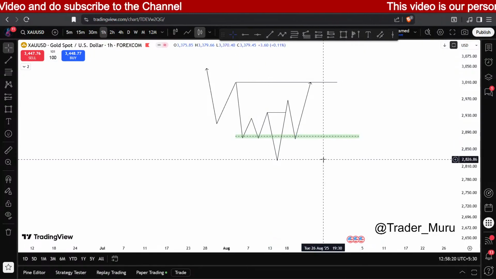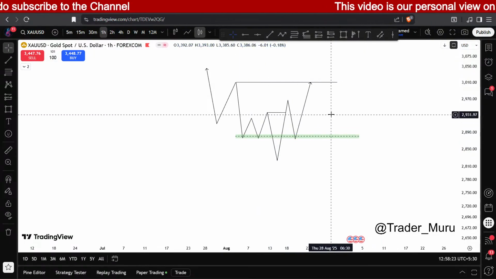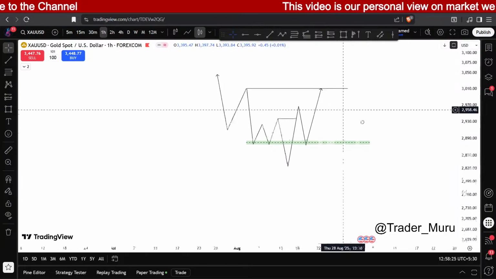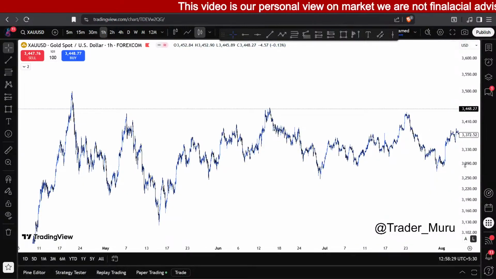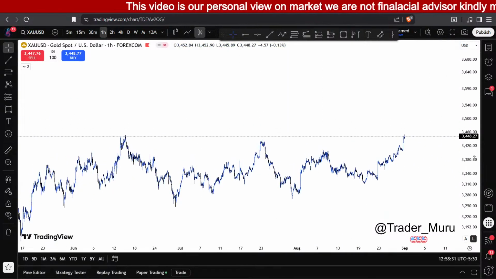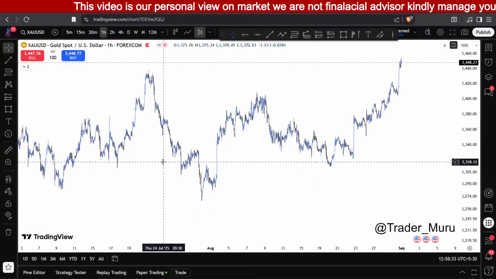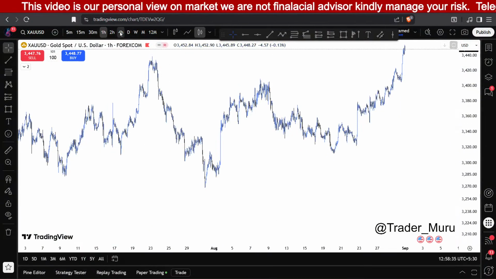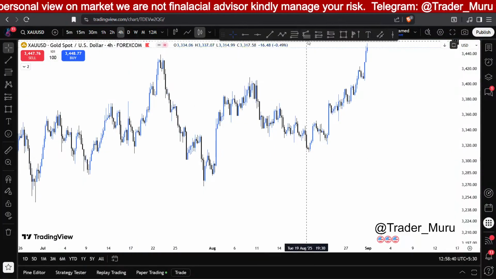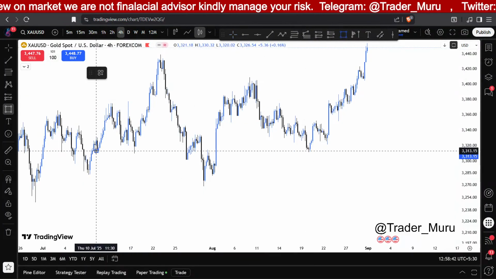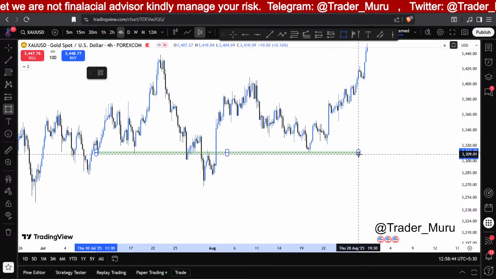On the retest, just buy here. And let me just show you the live of this double bottom area. Okay, so this is double bottom. Let's see in 4 hour time frame. Double bottom here, first, second, third.